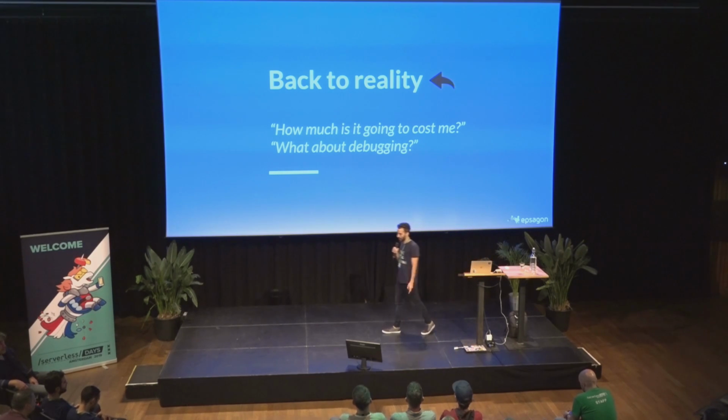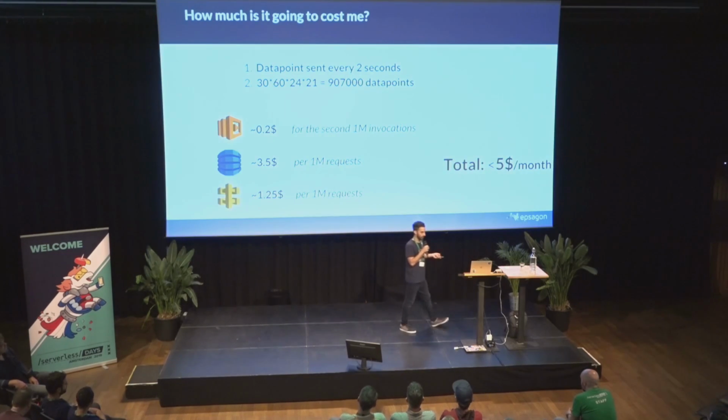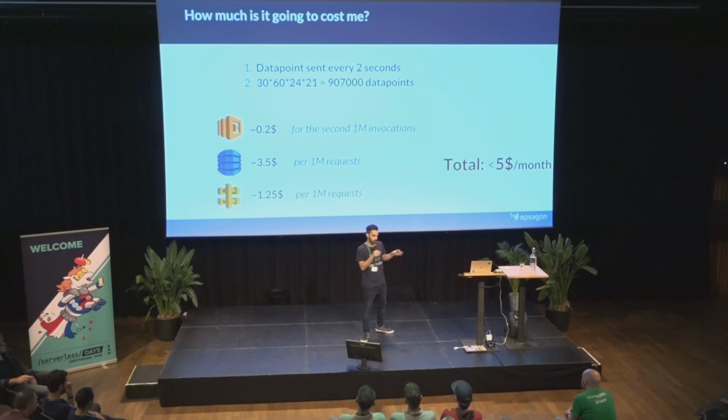If we look at all the components that we use inside our project, we have our Lambda function, which is writing almost each time it sends there's like 1 million data points, but also to query it, and with the DynamoDB streams and stuff like that, it's going to cost around $0.2, and in total it's going to be less than $5 for a side project, which is pretty nice.